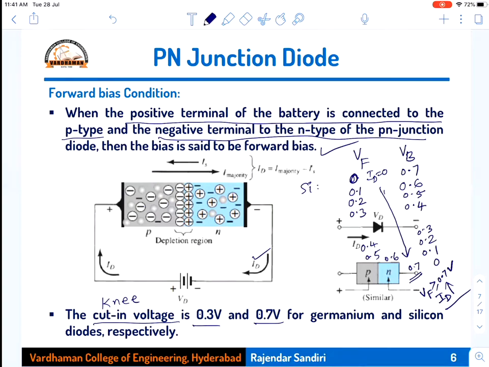Since majority charge carriers are large in number, the magnitude of the current is also large, and it is measured in milliamperes. So the current is due to majority charge carriers and it is measured in milliamperes. That is very, very important.